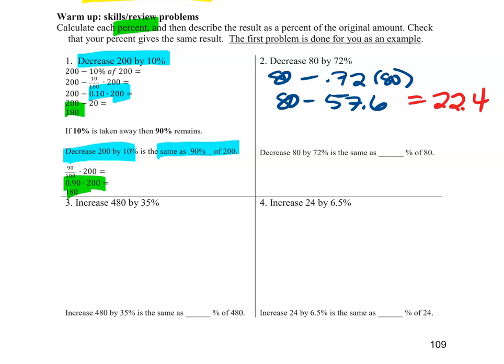So decrease 80 by 72% is the same as, what do you think? So earlier, decrease 200 by 10% is the same thing as 90% of 200. So we got 90%, that's subtracting 10 from 100. So when we subtract 72% from 100%, meaning 100 minus 72, that is 28%.